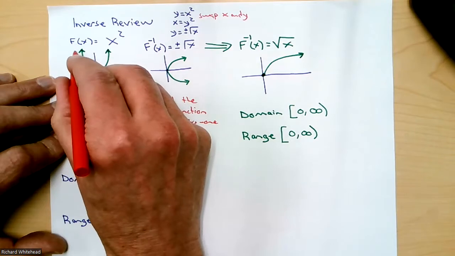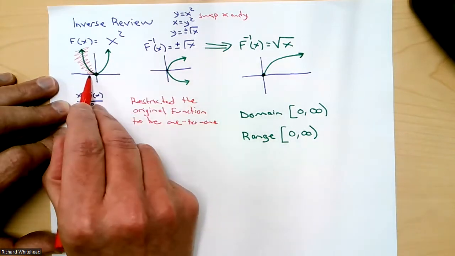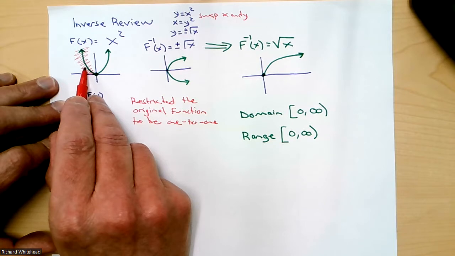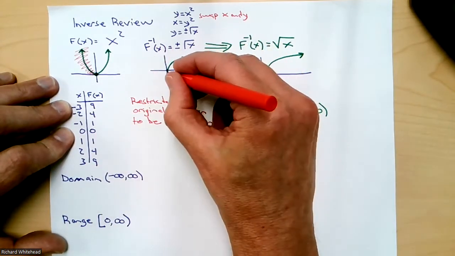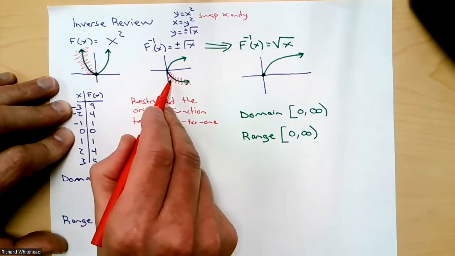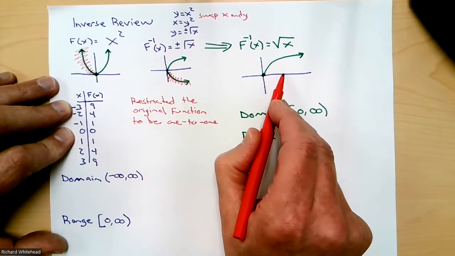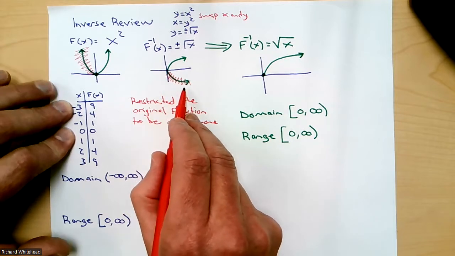So what we would always do is we would just go through and erase the left side. So if I erase the left side, that corresponds to the bottom of the inverse. So if I'm erasing the bottom part, this is what I have left. So I'm essentially cutting off the bottom here.